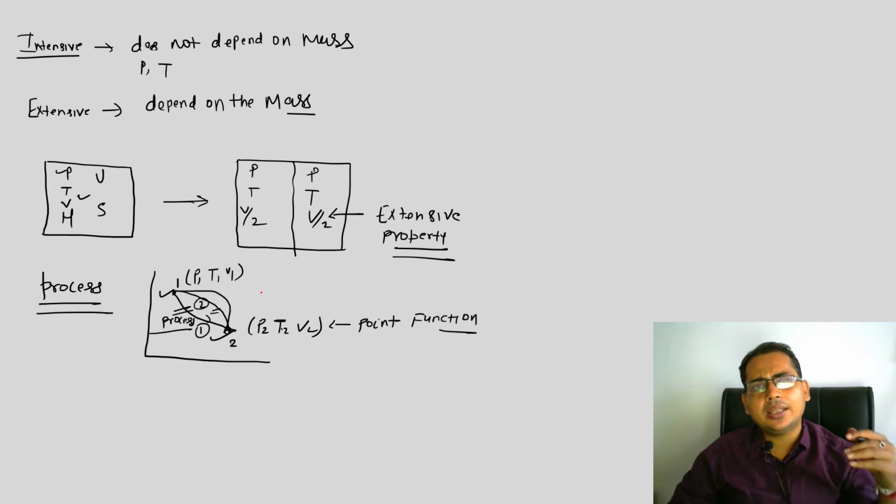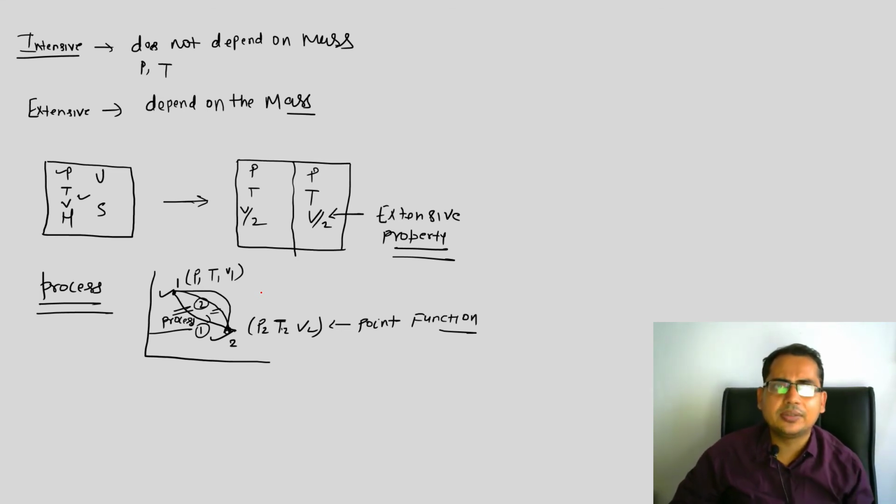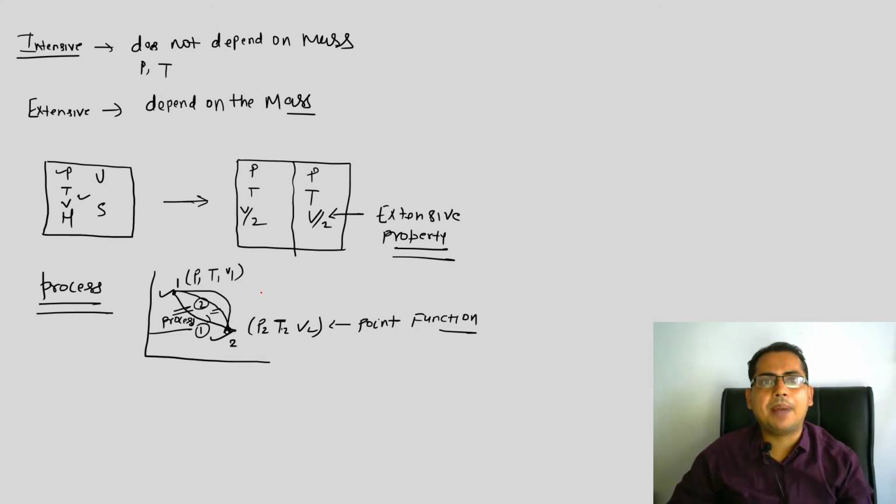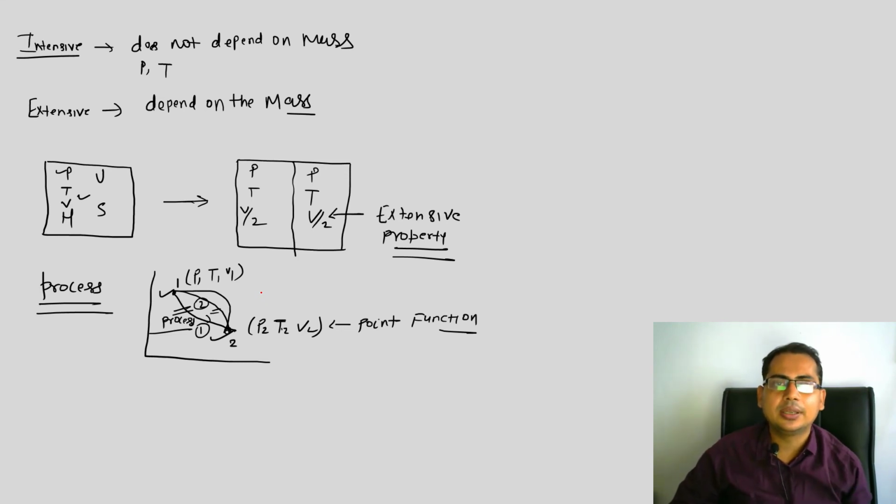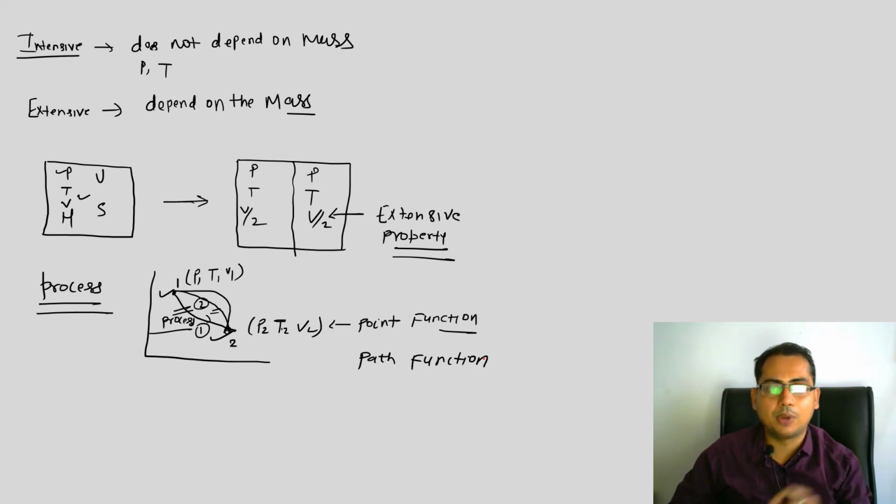There are some other types of quantities which depend on the path, like heat and work. These are quantities which depend on the path, and we call them path functions. A path function is a quantity which depends on the path of that process.